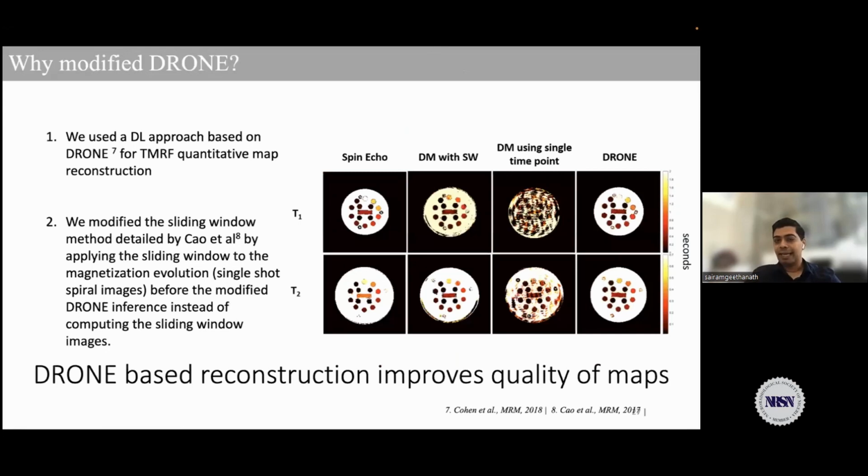And the reason we did that is when we did this with the conventional dictionary matching, like the one that I showed you in an earlier slide, where we try to match the fingerprint, we were actually getting an underestimation. And if you use just a single point, you can see the artifacts of the spiral, because our trajectory is a spiral, show up. But when we did the DRONE, you can actually suppress these measurement errors and you see the recovery of the map quality. So that was one of the reasons we continued with the DRONE.